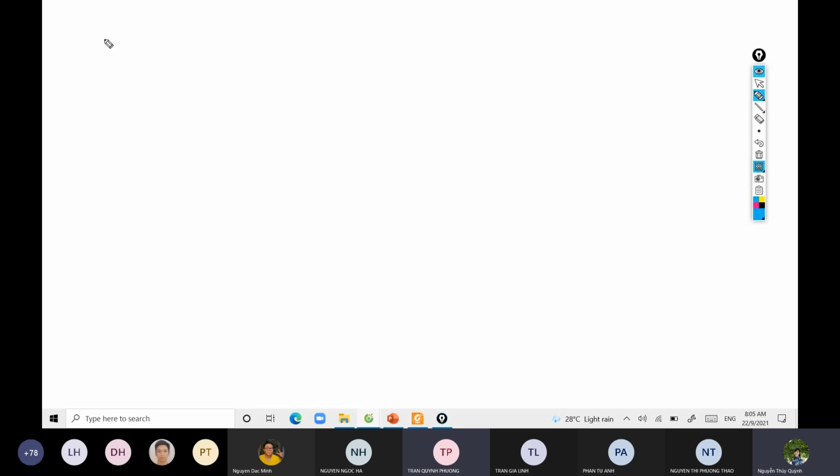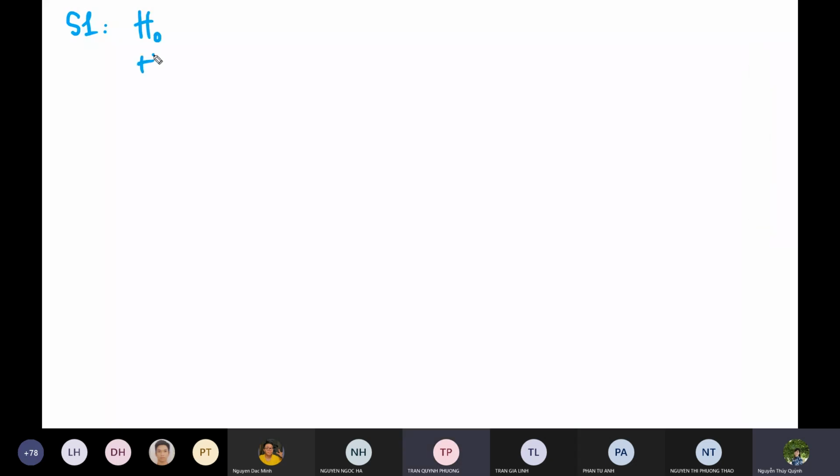Now we have 4 steps. What is the first one? The first one is establish hypothesis. We want to state the null hypothesis and the alternative hypothesis. So what is our null hypothesis? Our null hypothesis is beta 2 smaller or equal to 0, and H1 is beta 2 greater than 0.